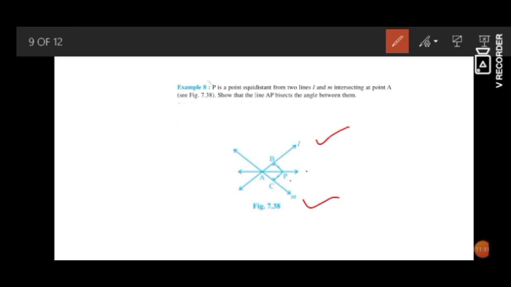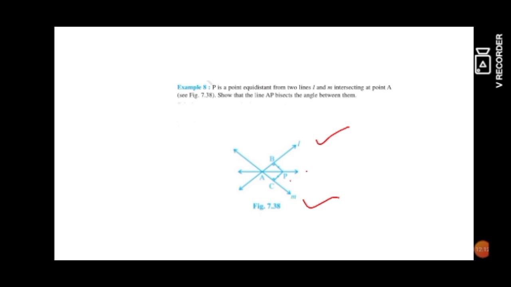The point P is equidistant from L and M. Show that the line AP bisects the angle between them. So we need to show that angle PAC is equal to PAB.